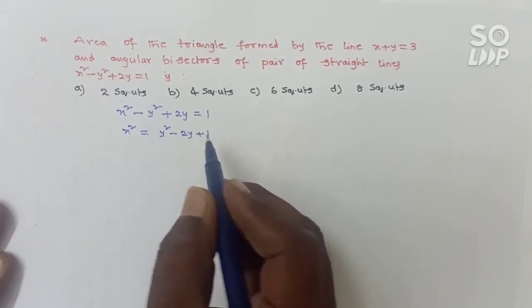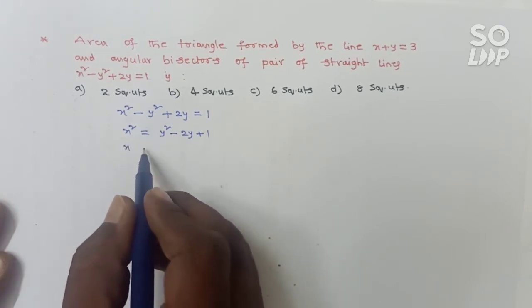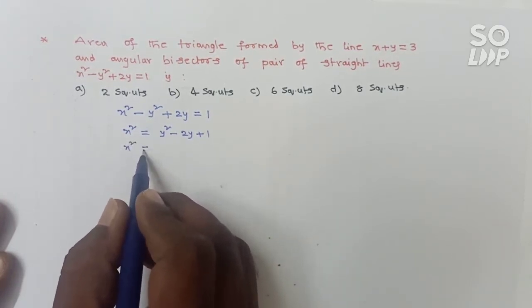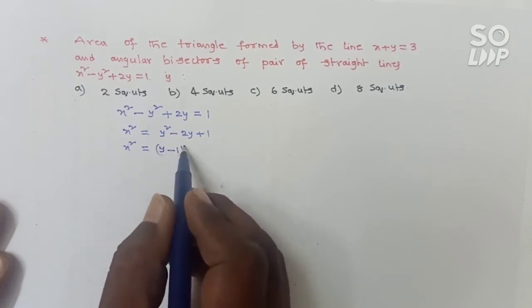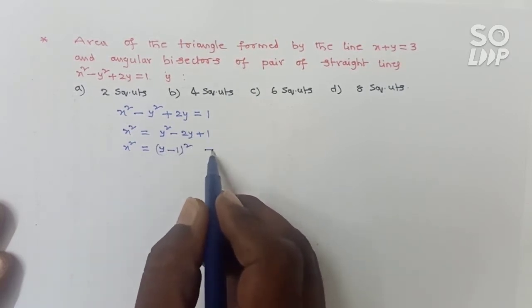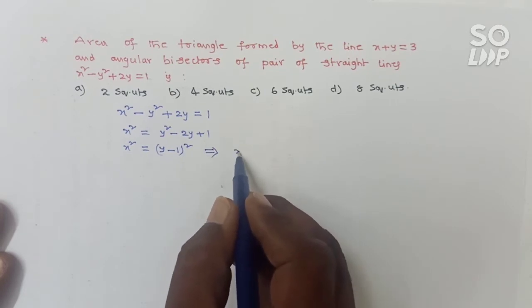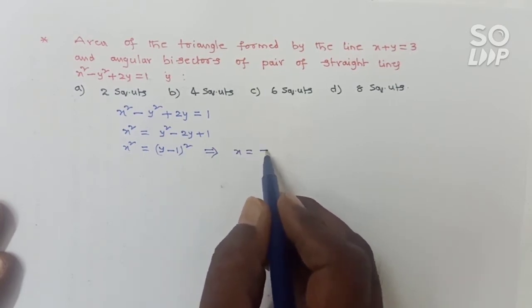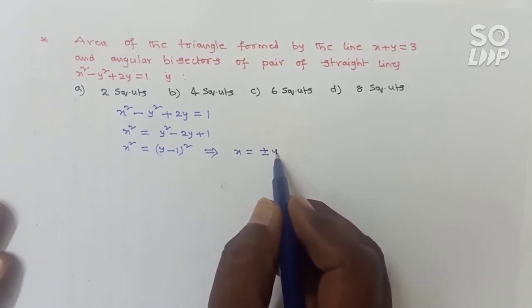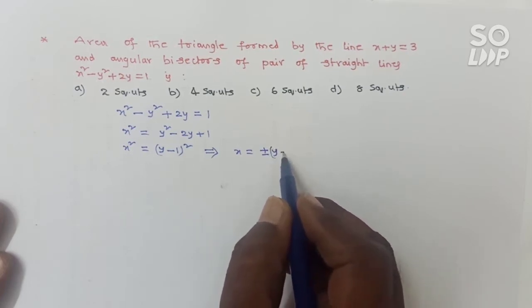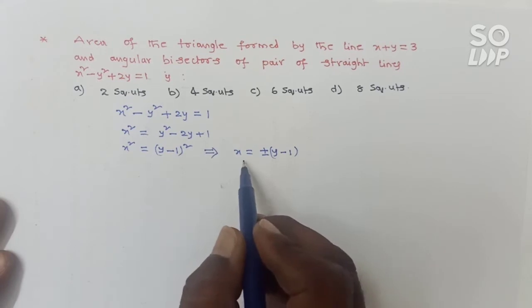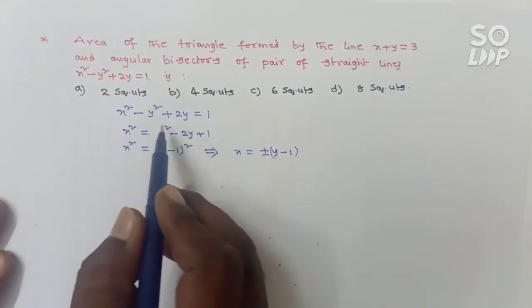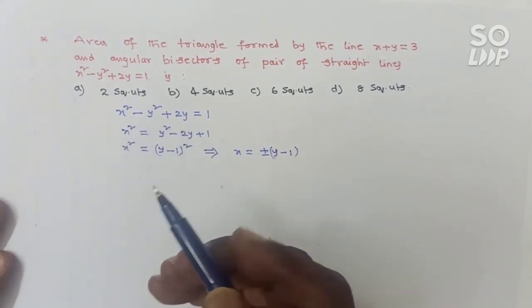That implies x square equals y minus 1 whole square. So from this you can write x equals plus or minus (y minus 1). So these are the two lines represented by the given pair of straight lines.